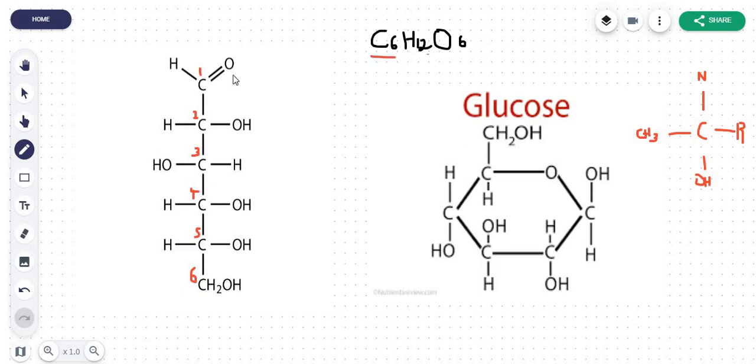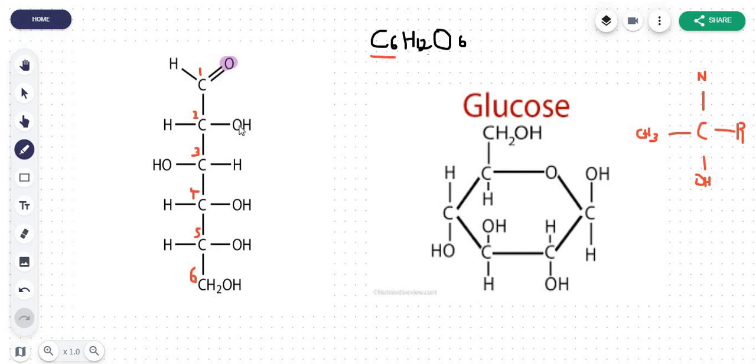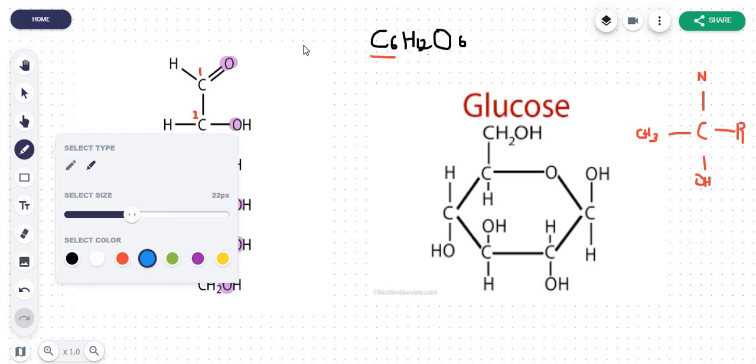And then you need to fill out the relevant elements, like 6 oxygens that you need to attach with the carbon. That's 1 here, 2, 3, 4, 5, 6, and you have 12 hydrogen atoms. So you can fill them out as well with the relevant carbon atoms.